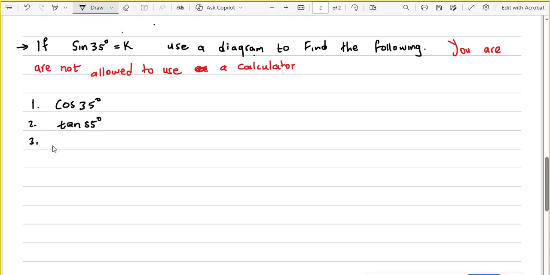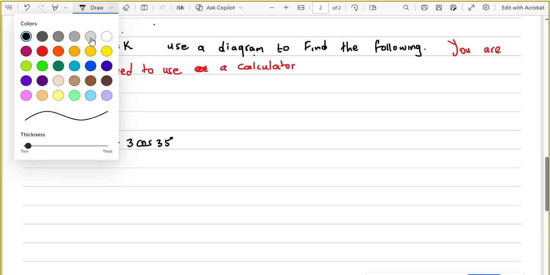And number 3, they want you to find sine 55 plus 3 cos of 35 degrees. So now they'll be asking you maybe 3 to 4 questions. Each question 3 marks, 4 marks, 5 marks, or 1 mark, you understand? But we need these marks, and the question is always there.